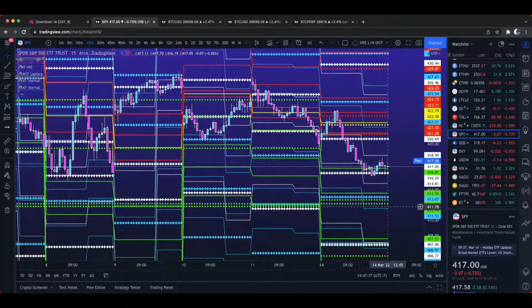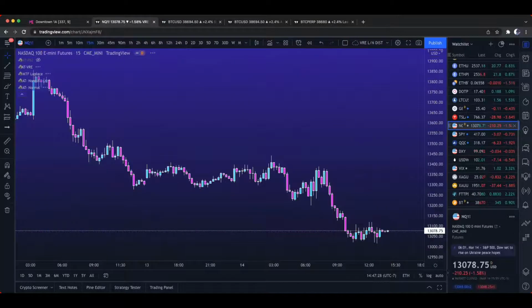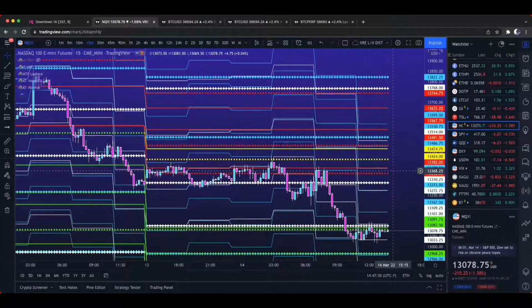If Nasdaq does not get back up above, and I would say up in the weekly range by tomorrow morning, SPY's going to have a rough day tomorrow. Probably Nasdaq.